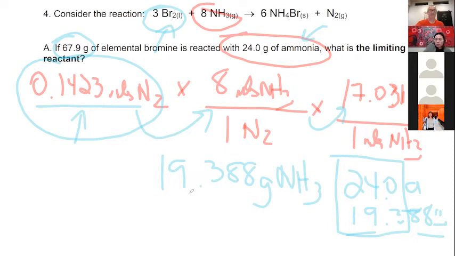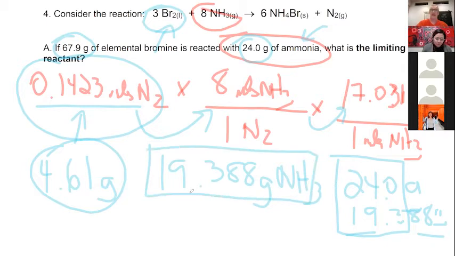And the answer is 4.61 grams. So that's how much would be left over. So I started with 24. I used 19.388 in making the products. So the difference is 4.61. That's how much would be left over.